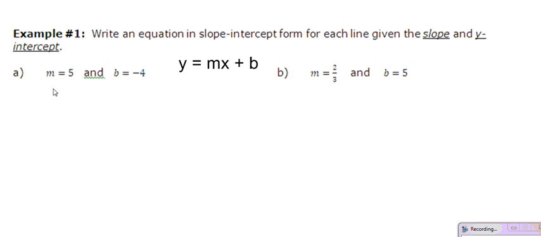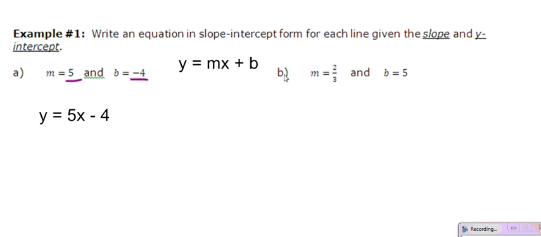So I'm going to replace the m with 5 and the b with -4. So I'm going to write y equals 5x. Now I could do plus -4, but a lot of times instead of writing plus and negative, we use a minus sign.